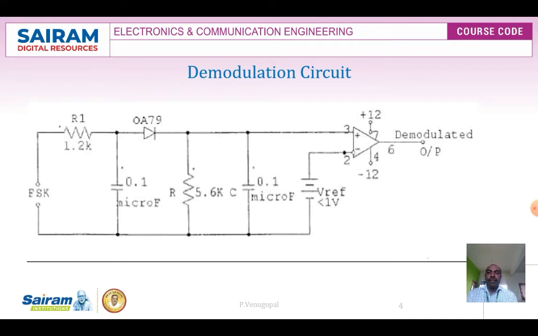That can be passed through the rectifier circuit with the C filter. Then you will get almost pure DC, 95% of pure DC. That is compared with the reference voltage. If that DC signal is greater than the reference voltage, then message high is detected, otherwise message 0 is detected. This is how we can detect the original message signals in the form of binary ones and zeros back.